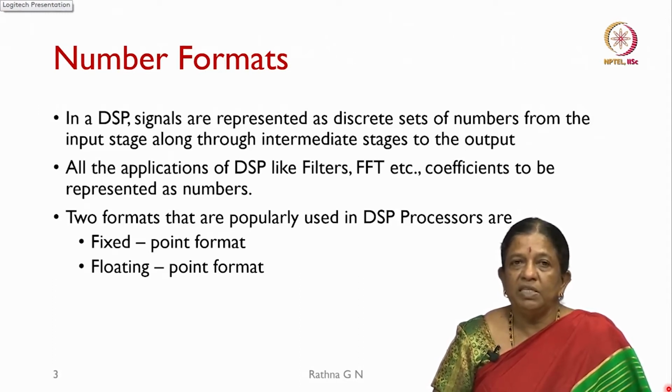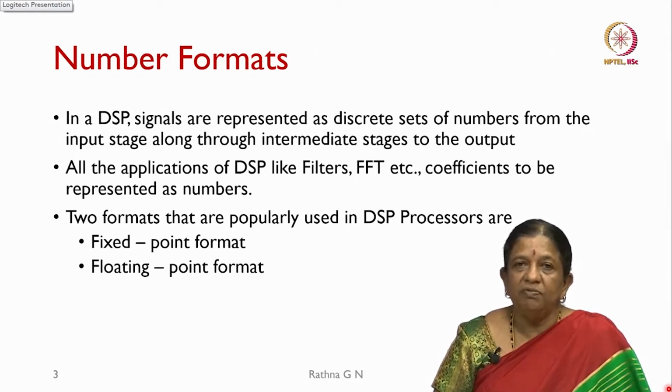So, we know in DSP signals are represented as discrete sets of numbers from the input stage through intermediate stages to the output. So, all the stages have to be in the discrete format, and all the applications of DSP like filters, FFT, coefficients have to be represented also as numbers.